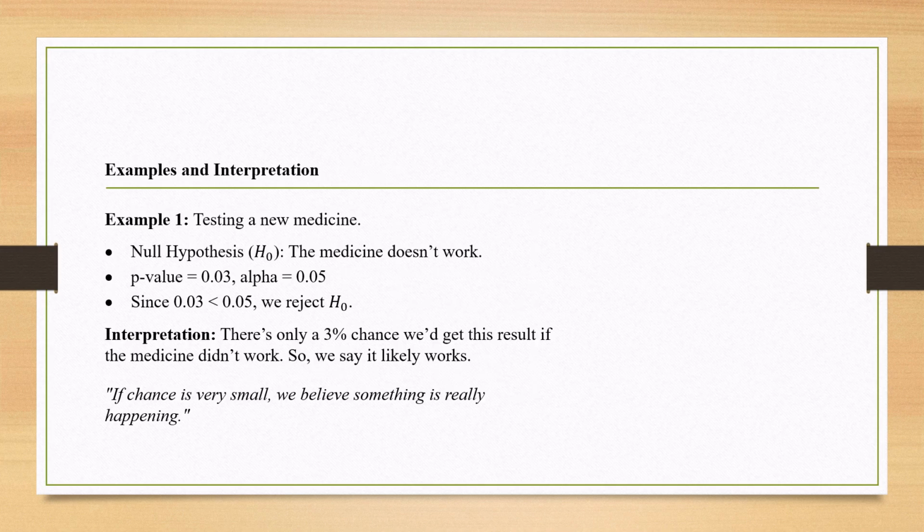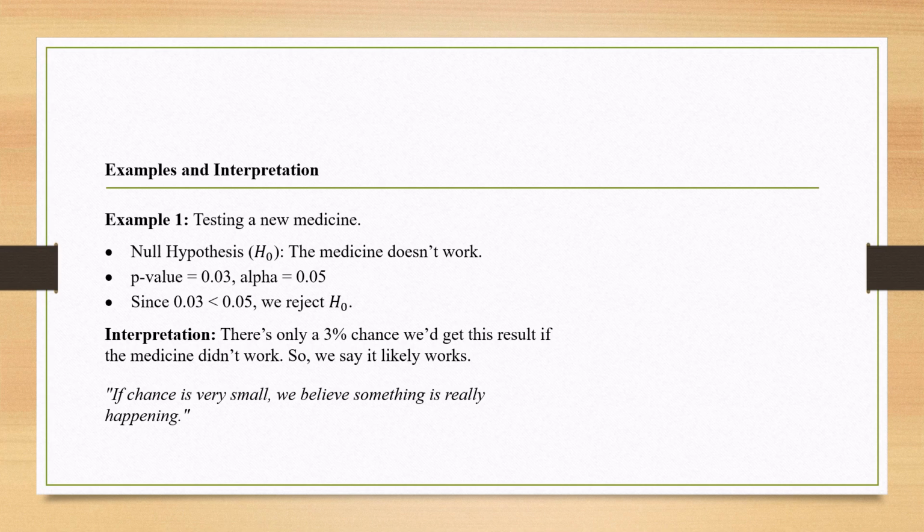Suppose we are testing a new medicine. The null hypothesis in this case will be the medicine does not work. Let's say we get a p-value of 0.03, that is 3%, and our alpha value is 0.05. Since 0.03 is less than 0.05, we reject the null hypothesis. So what is the interpretation here?